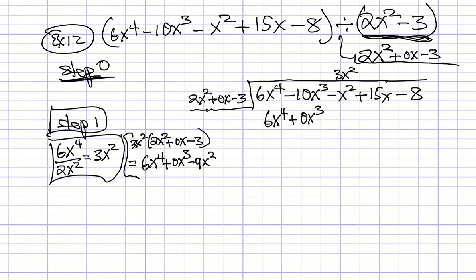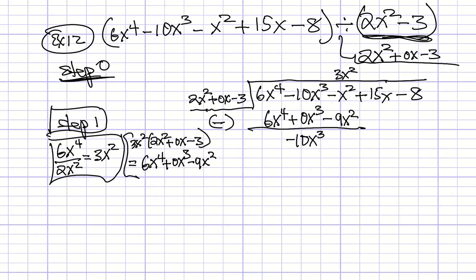You see why we have to make sure we do it right? Negative 9x squared, because it matches with the power up there. So you subtract it. The first one cancels out. The second one becomes negative 10x cubed. That thing is just a placeholder, that's all. It doesn't do anything.